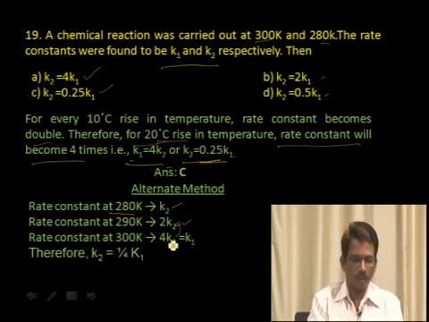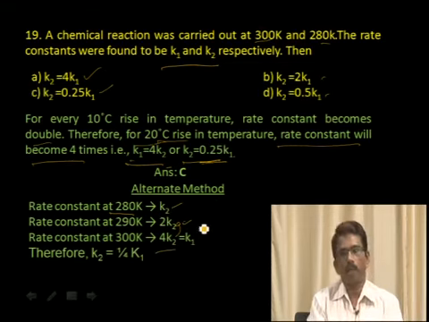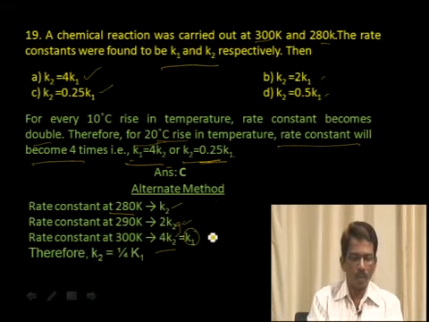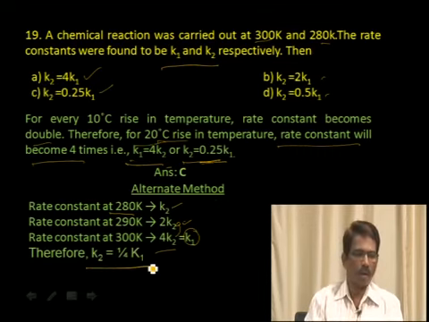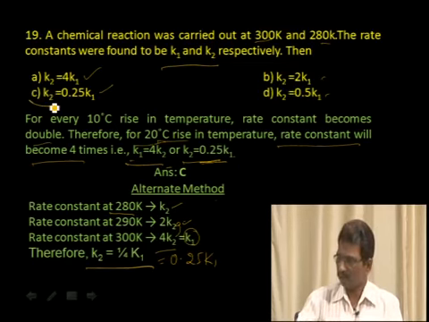So this is 2 K2 into 2, which becomes 4 K2, and that will be the value of K1. 4 K2 equals K1, and therefore K2 is obviously equal to 1 by 4 K1, or 0.25 K1, and the correct answer is option C.